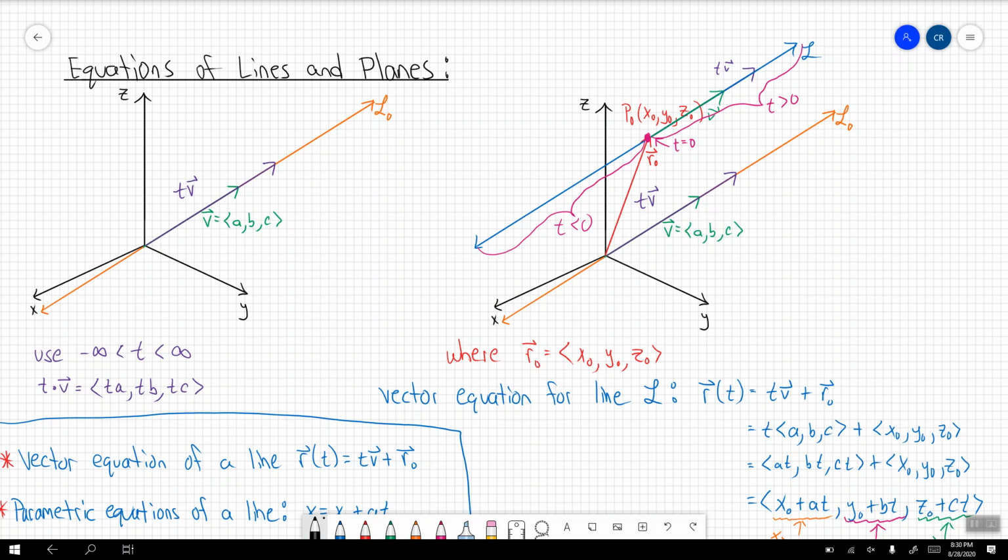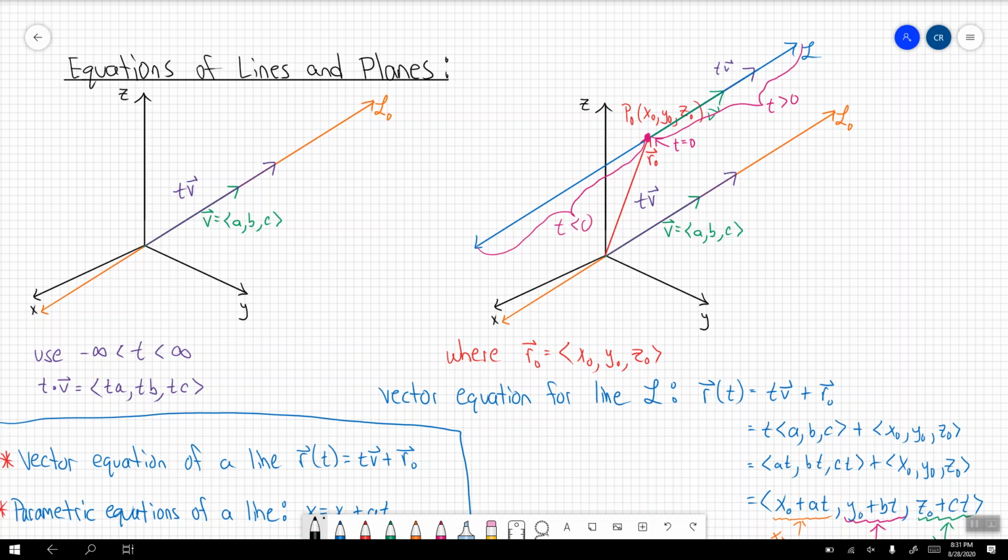Number two, once we have that directional vector, we then need to shift that directional vector onto some point. In other words, we need to know what is one point on the line in question.